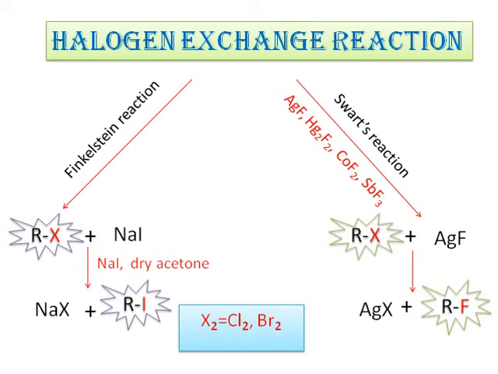Now you see both the reactions look the same, but there is a difference between the Finkelstein reaction and the Schwarz reaction. In Finkelstein reaction, the reagent is sodium iodide, but in Schwarz reaction the reagent is silver fluoride, or you can take mercurous fluoride or cobalt fluoride or antimony fluoride. This is one difference.